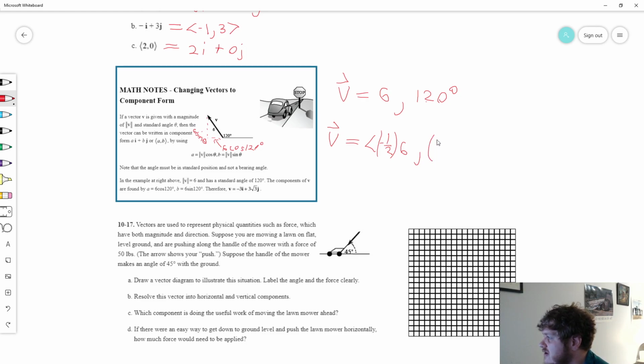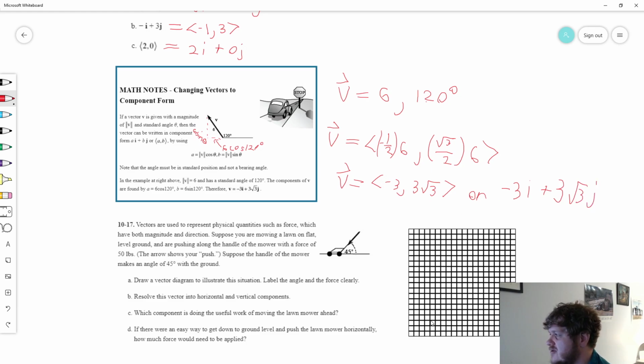So we'd have √3/2 times 6. And so when we do that out, we should end up with -3, comma, 3√3. Or negative 3i plus 3 root 3j. And so that would be a way you could do it.